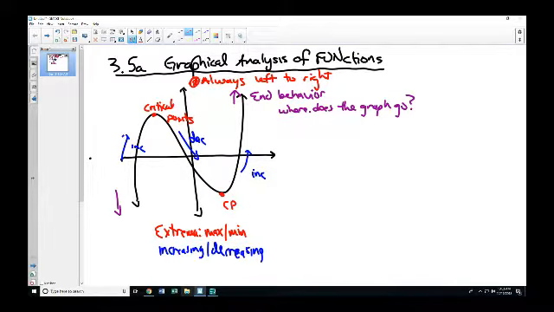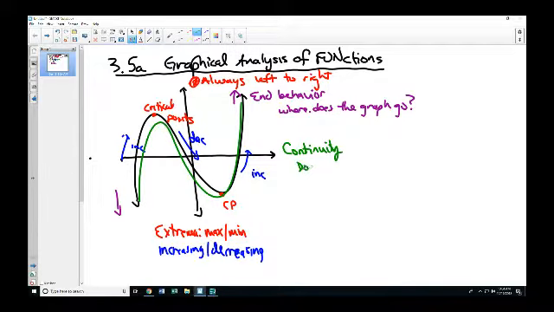The other thing in pre-calc that we look at is continuity. If you looked at that graph, if I said, is that graph continuous? Yeah, it is, because there are no breaks, right?